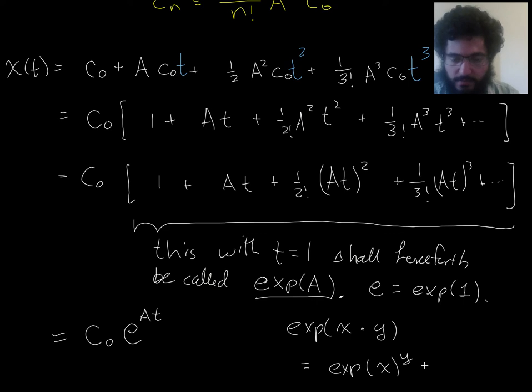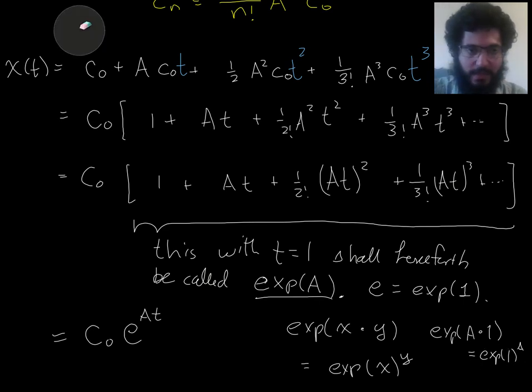So then exp of a is exp of a times 1, is exp of 1 taken to the a power, and then exp of 1 is called e. Okay, anyway, I'm getting sidetracked here.